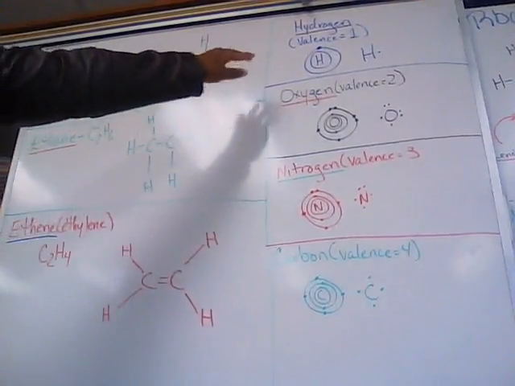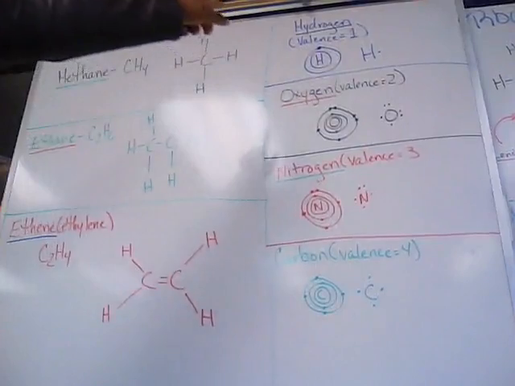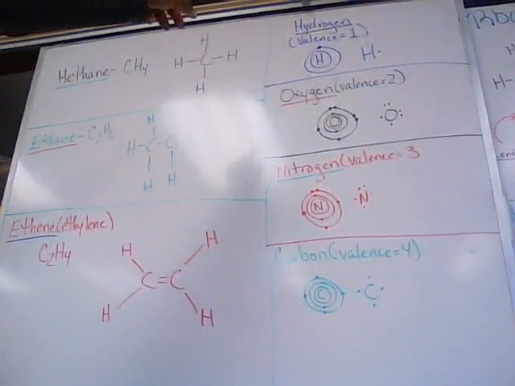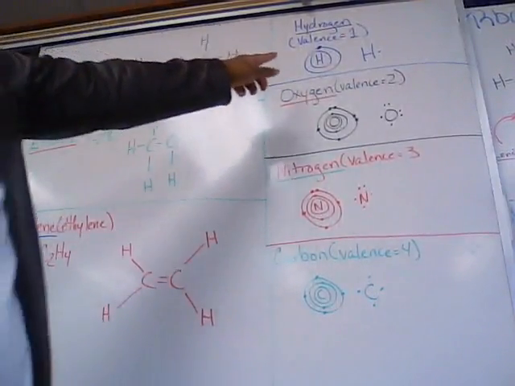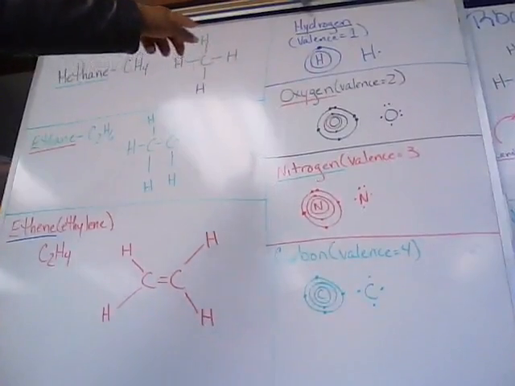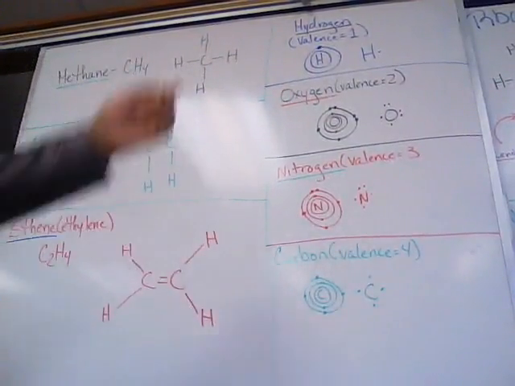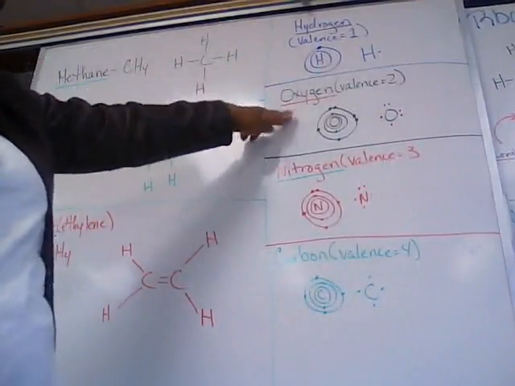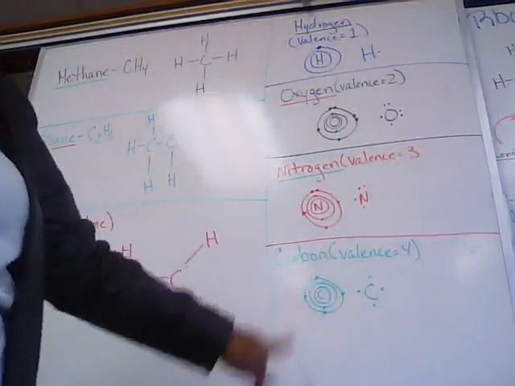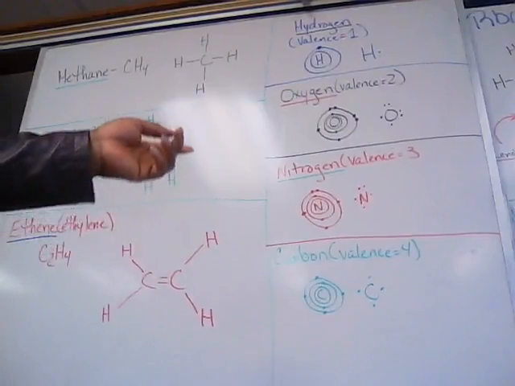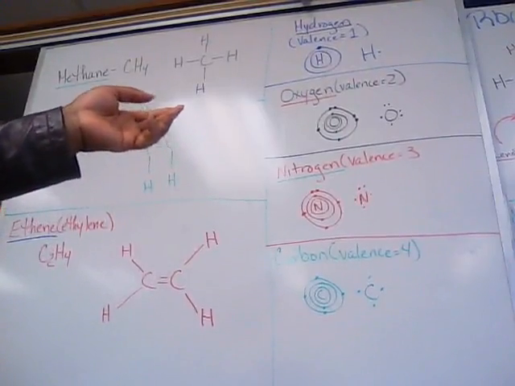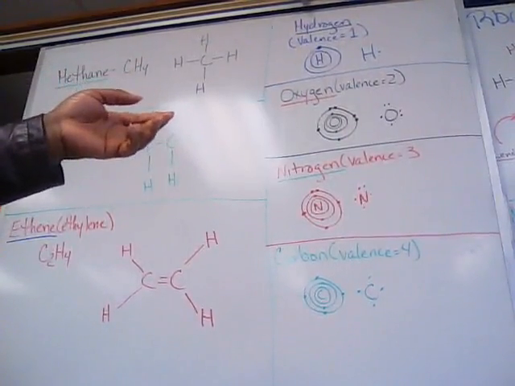Here we have the hydrogen, which has one valence. The valences of the major elements of organic molecules are hydrogen, oxygen, nitrogen, and carbon. Valence is the number of covalent bonds that an atom can form.